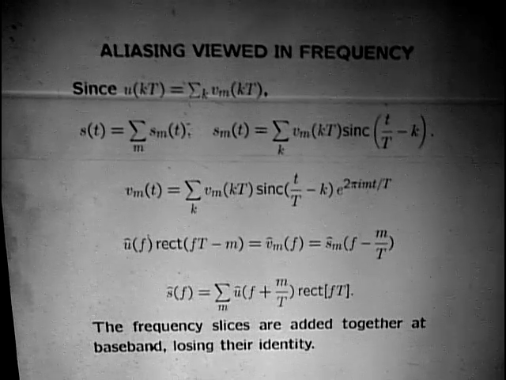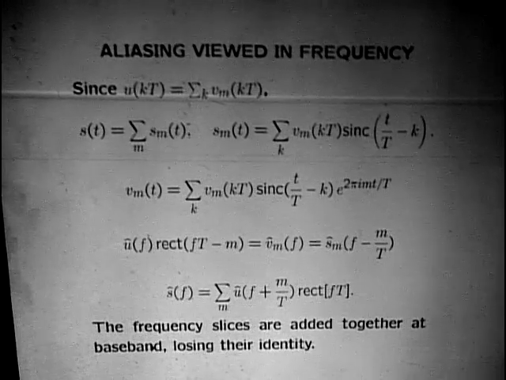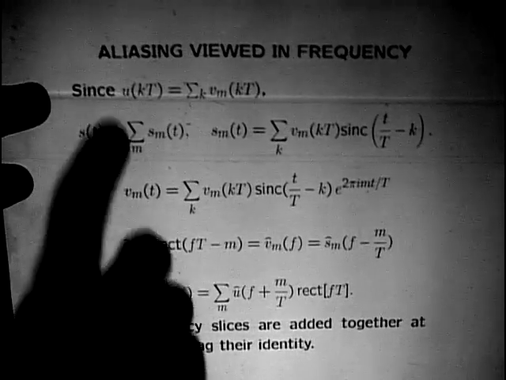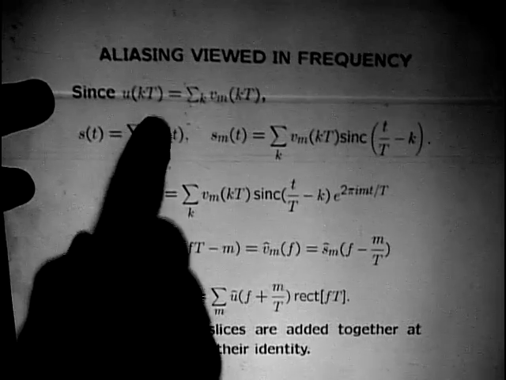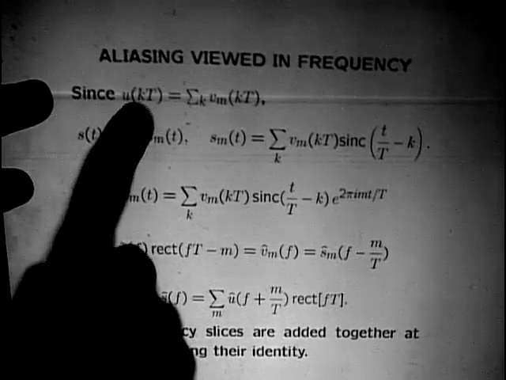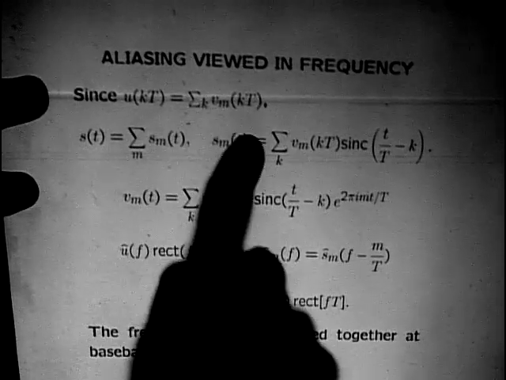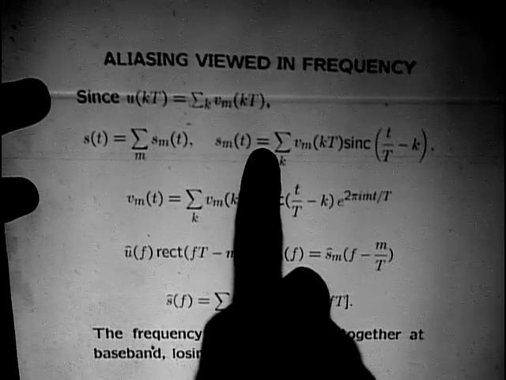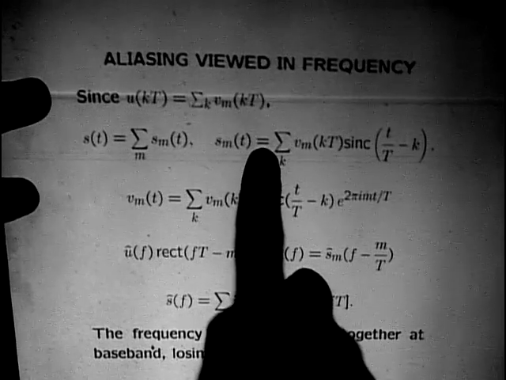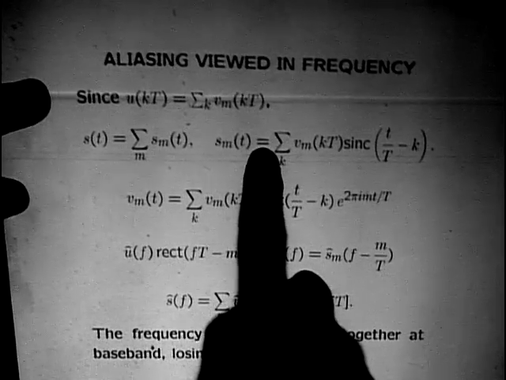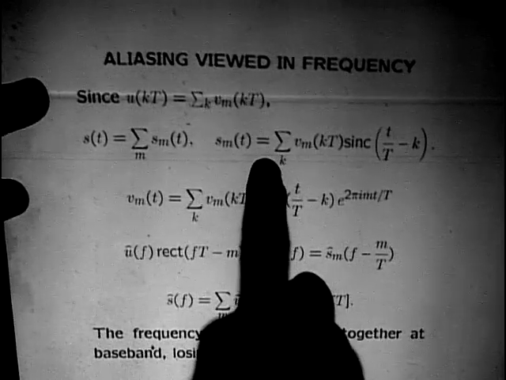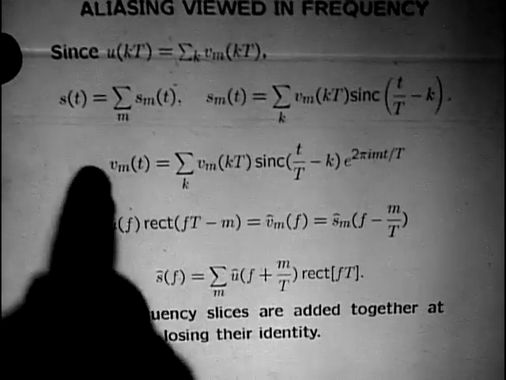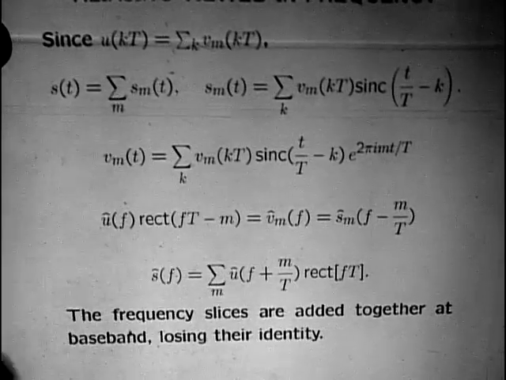In terms of frequency, what we're doing is just segmenting the Fourier transform u of f. As far as the samples are concerned, u of kT is just equal to the sum of the samples in each of these frequency bands. That's what we've been saying. That's really what aliasing is at a fundamental level. So when you sample, you can't tell which frequency band each of these samples come from, and they usually come a little bit from each one.